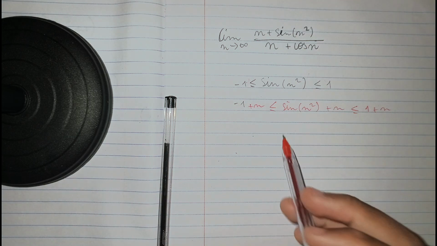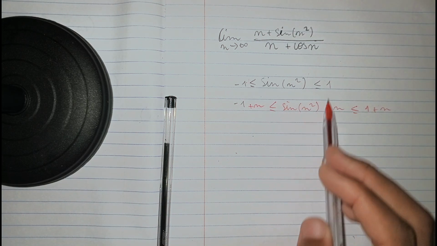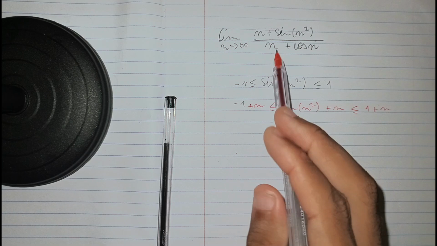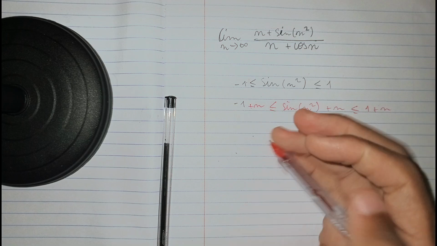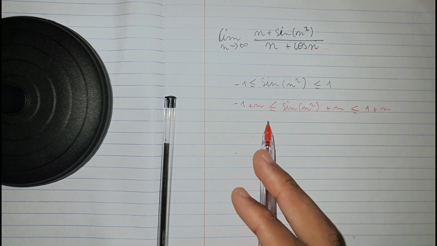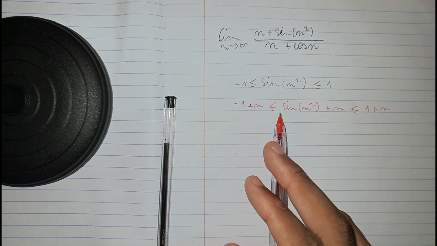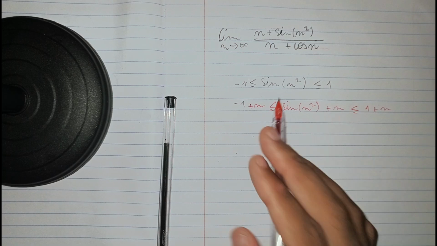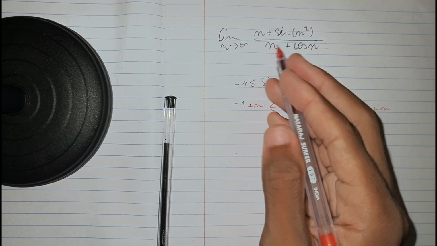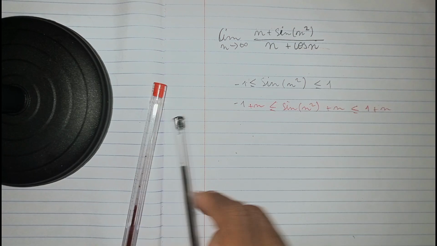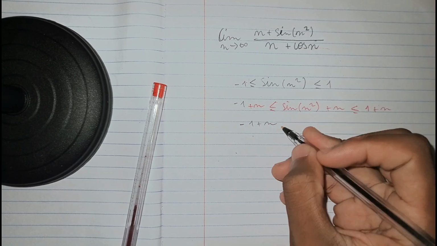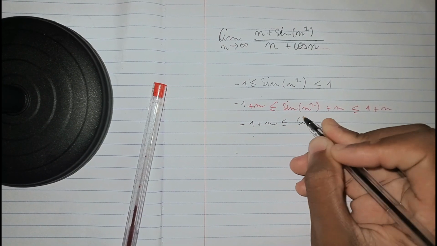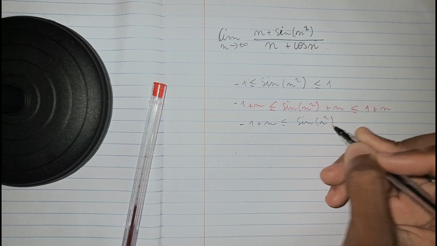Now we have this is equal to this, right? Now we want this. Consider that n is positive and it goes to infinity, so we can divide this without worrying. So we are going to divide every single side by n. Let me write this again so that you can understand.